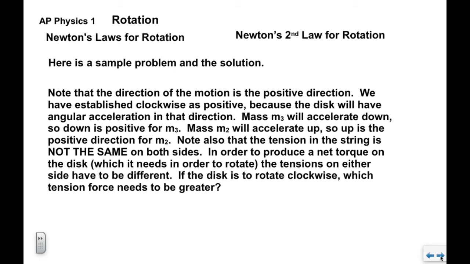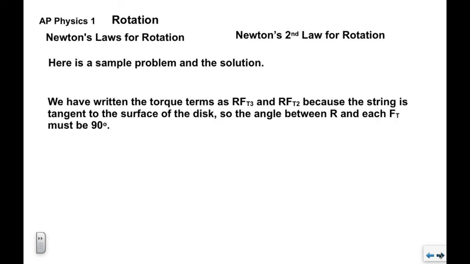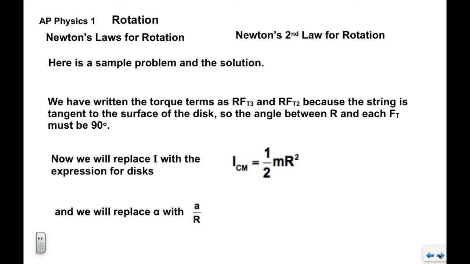We've established clockwise is positive because the disk will accelerate in that direction. Okay? We already talked about the tension on each side. In order to produce a net torque on the disk, the tensions on either side have to be different. Again, the string is tangent to the surface of the disk, so the angle between R and the Fts must be 90, so that sine 90 can go away.